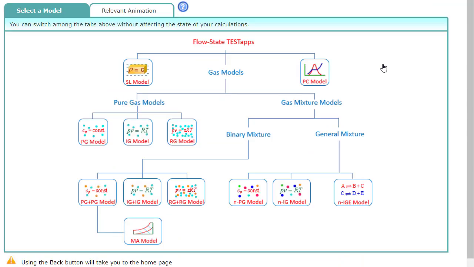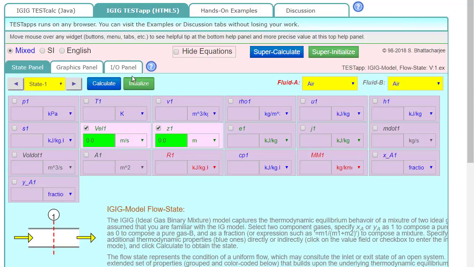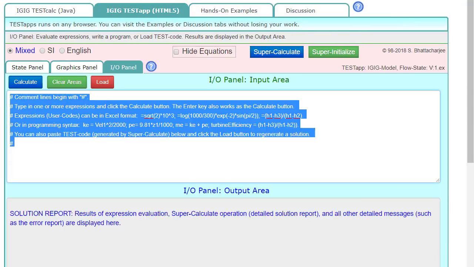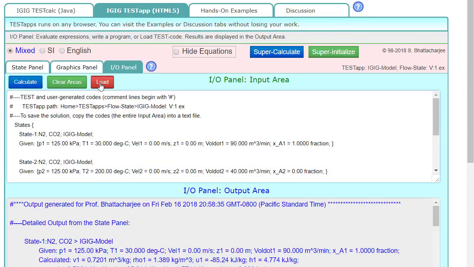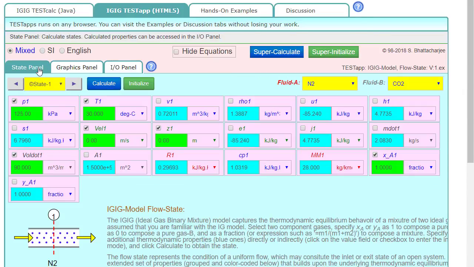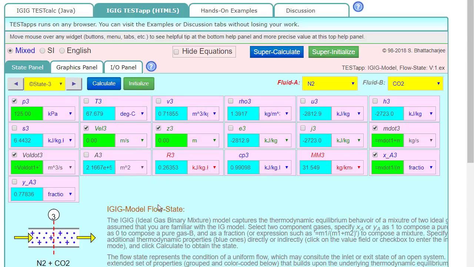And then go to the binary IG model and its IO panel and just paste that code in. And then hit load, super calculate, and go to state 3. Right, and we get again about 68 degrees Celsius, so pretty similar.